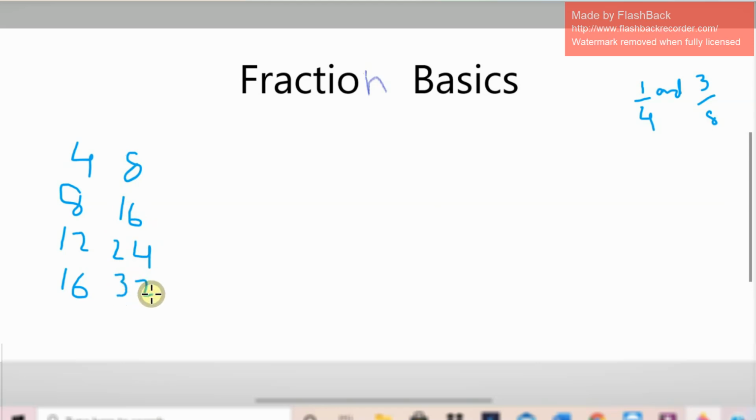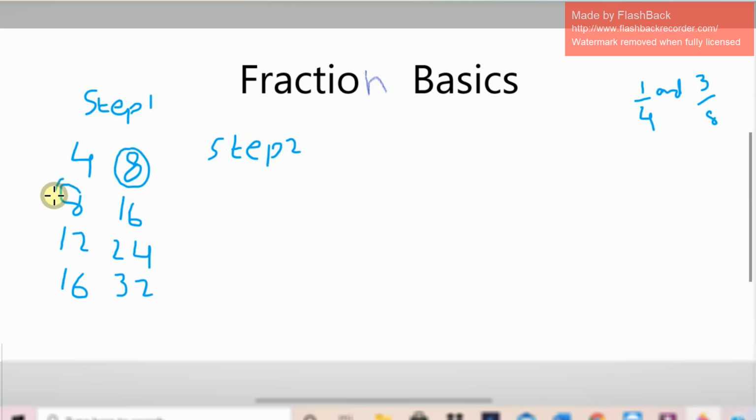This was step 1. Now step 2. As we can see, we have 8 common in both.